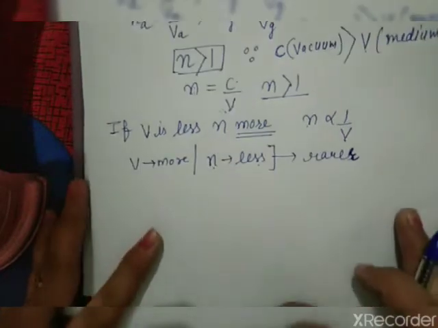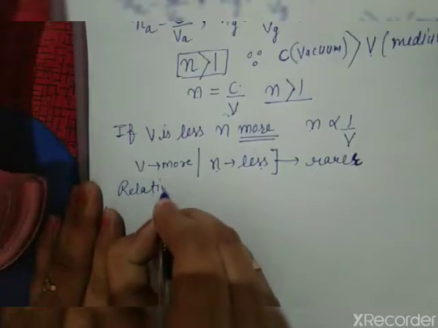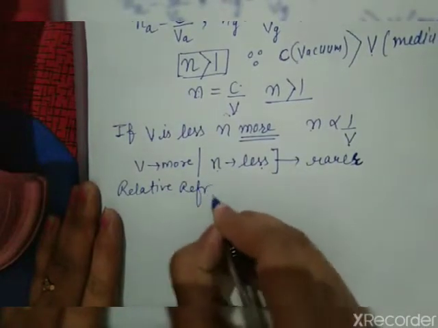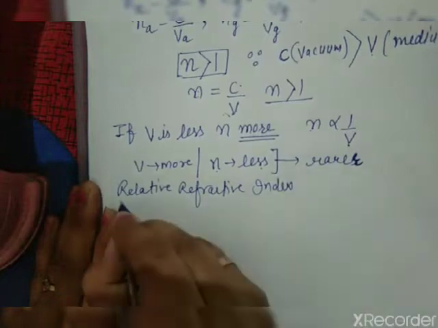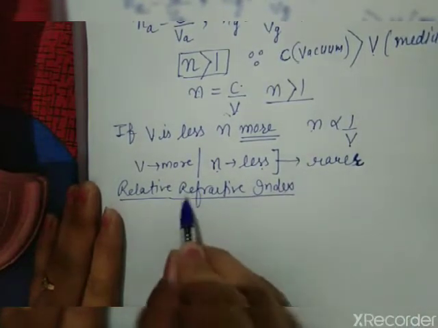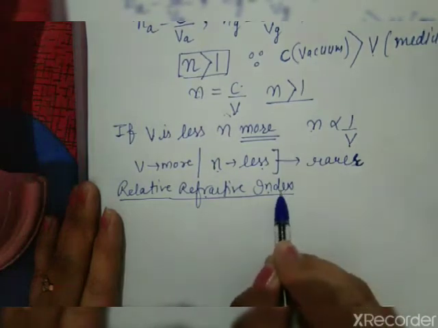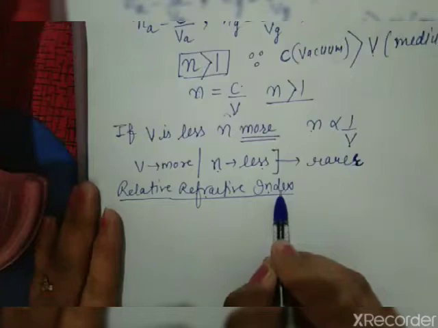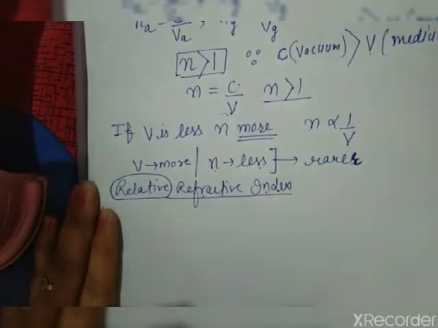Okay, so now let us start relative refractive index. What do you mean by the term relative refractive index? As the term indicates, it is not only the absolute refractive index, in which we used to compare a given medium with vacuum, but it is relative.